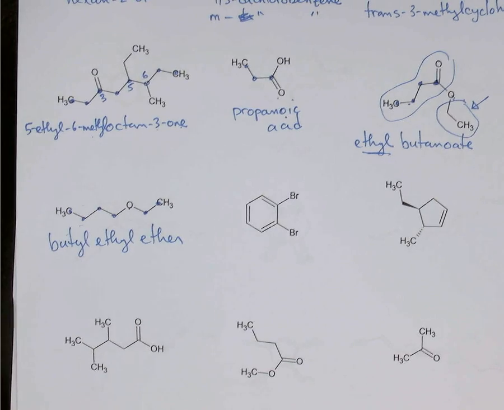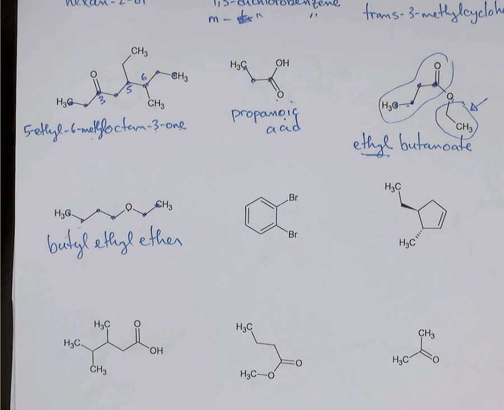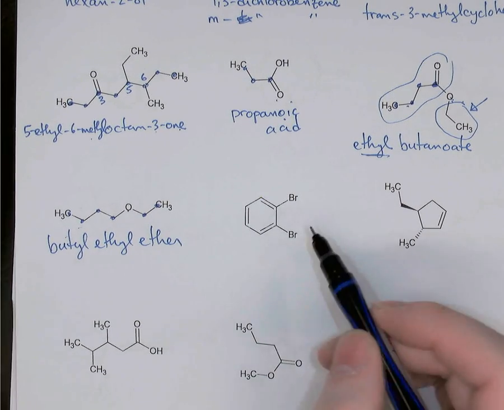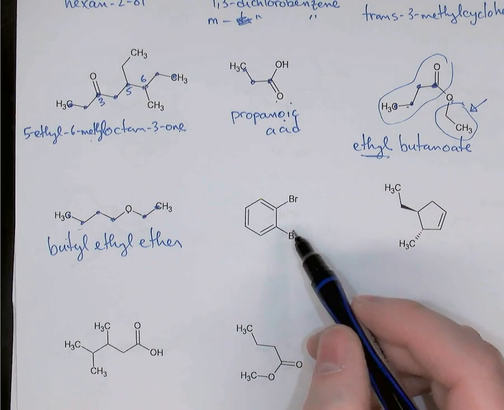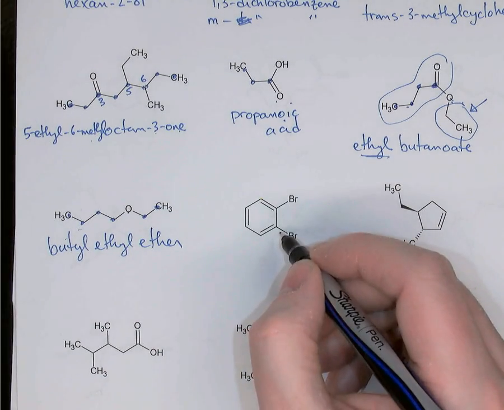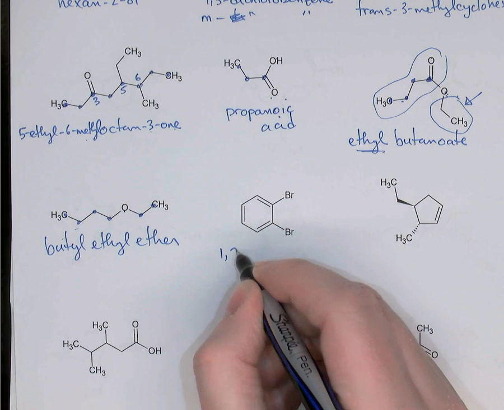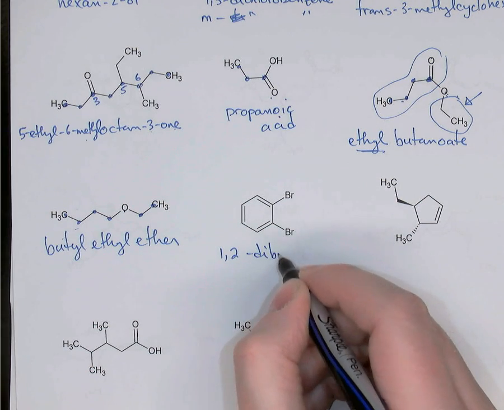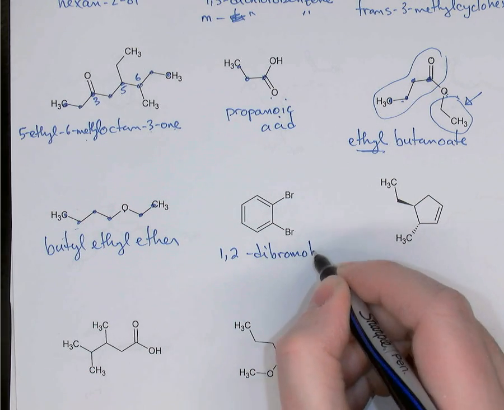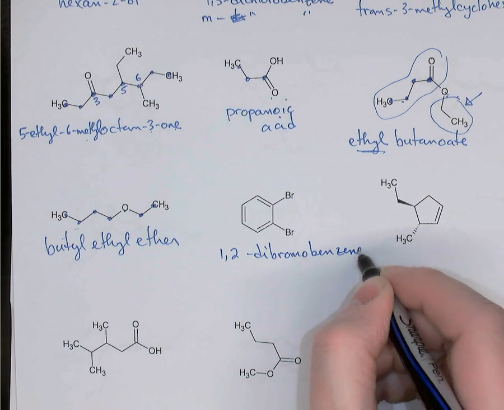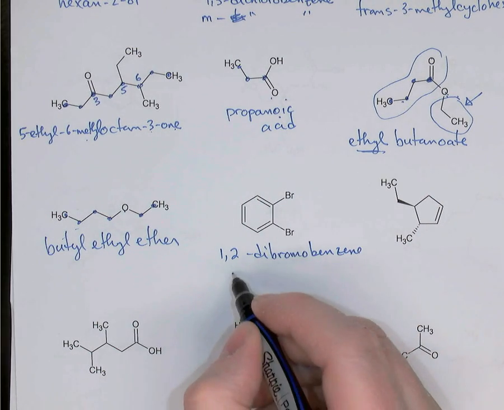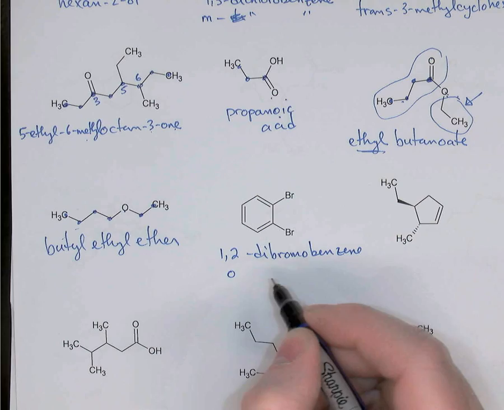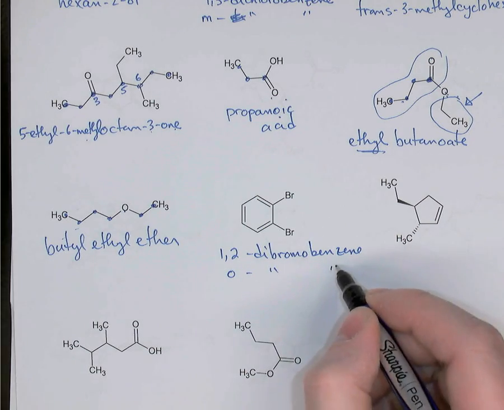Next we see another aromatic hydrocarbon, a benzene ring with 2 bromine substituents. They're on neighboring carbons, so we could say 1, 2 dibromobenzene. Or, when they're side by side like that, you could have said ortho dibromobenzene.